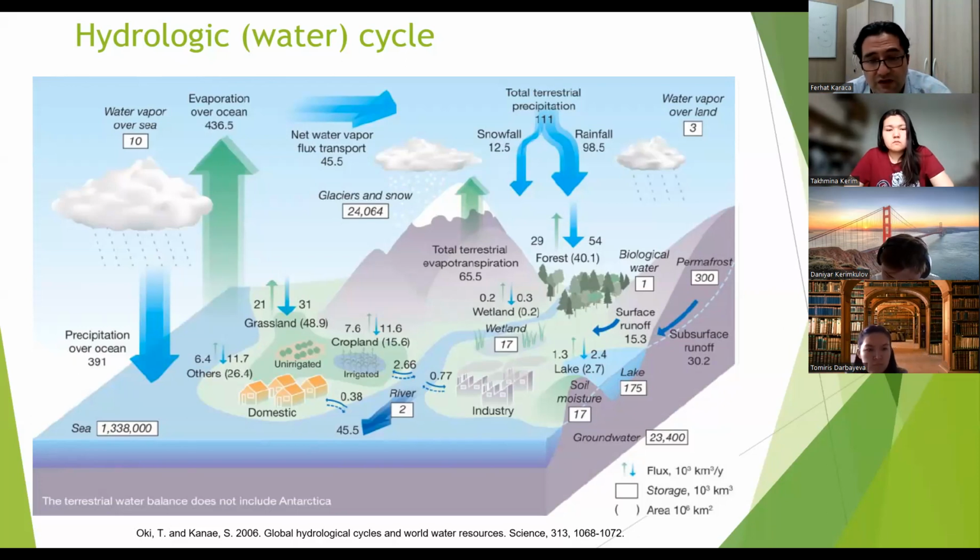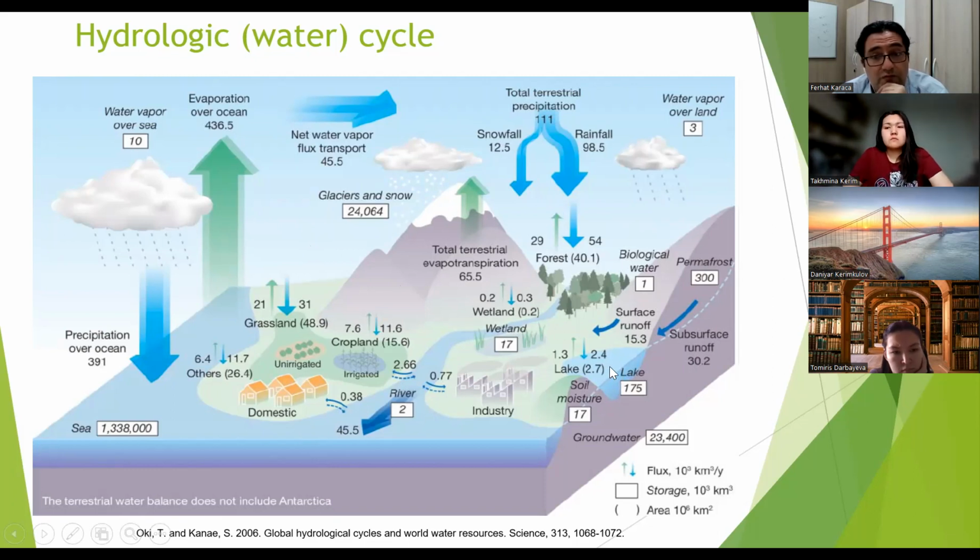The content of salt in the ground is increasing day by day, and the level of salt in oceans is also increasing day by day. So this is a problem. This figure is showing that our clean water reserves are precious. We have to keep them as long as possible.